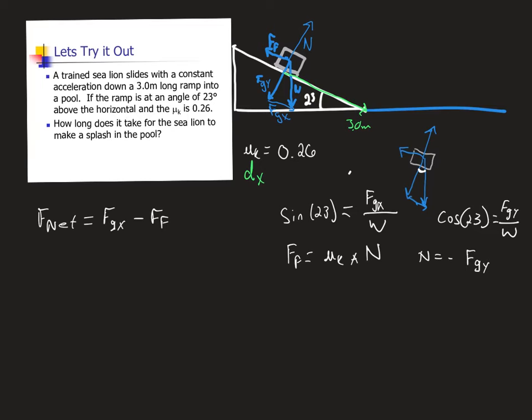We know that we need the frictional force, but we also want to get rid of some things here. So we can say that the frictional force is equal to mu sub k times the opposite of the force of gravity in the y, doing the substitution for n.